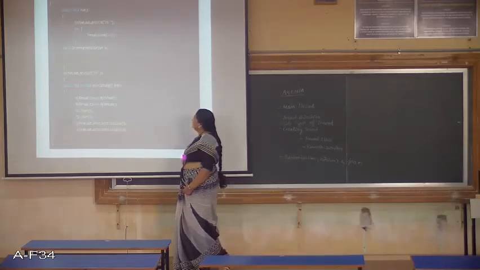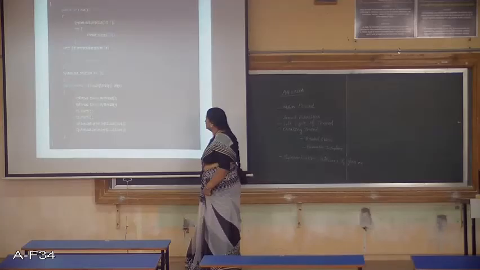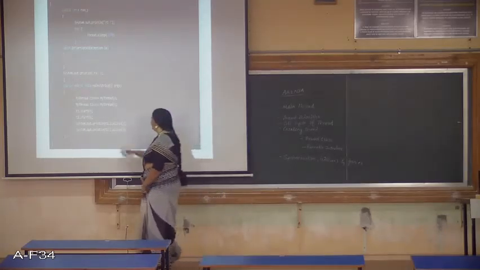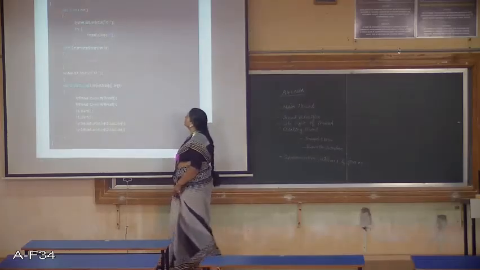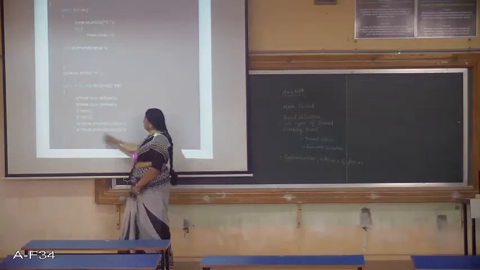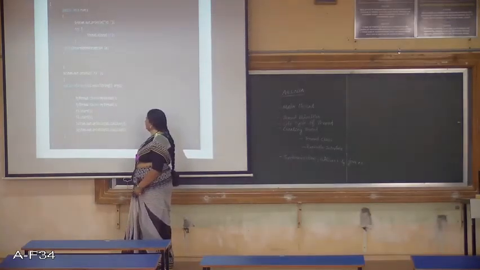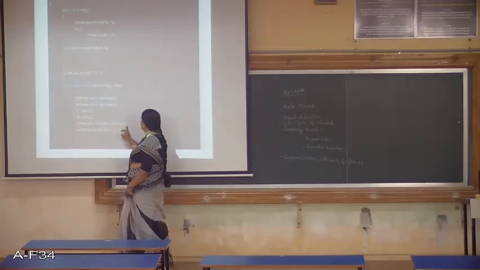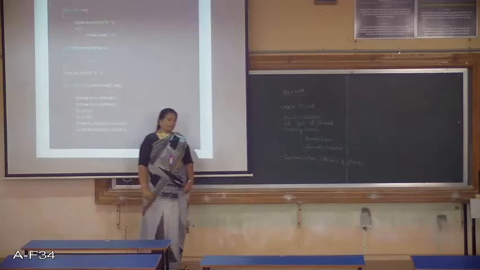Then in the main method, you can see that we have created T1 and T2 objects of the thread class, and then we are starting these two threads, T1 and T2, and then here we are calling the isAlive method using both objects T1 and T2.